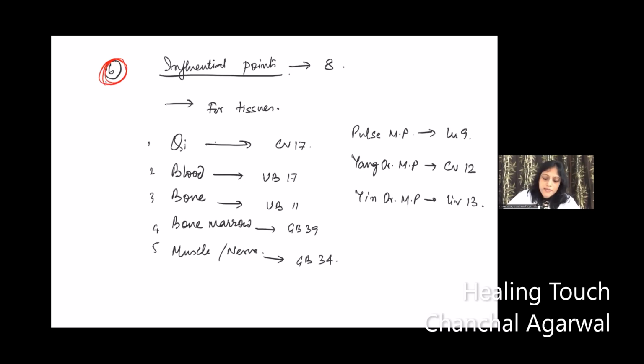The next point, this is number 7. This is the Xi-Cleft point. What is the Xi-Cleft point? What is the meaning of cleft? Cleft means a depression.